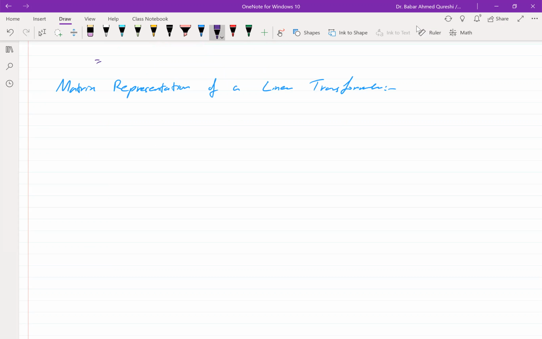If you're given any linear transformation, let's say from Rn to Rm, for now I'm considering those linear transformations which are from Rn to Rm.